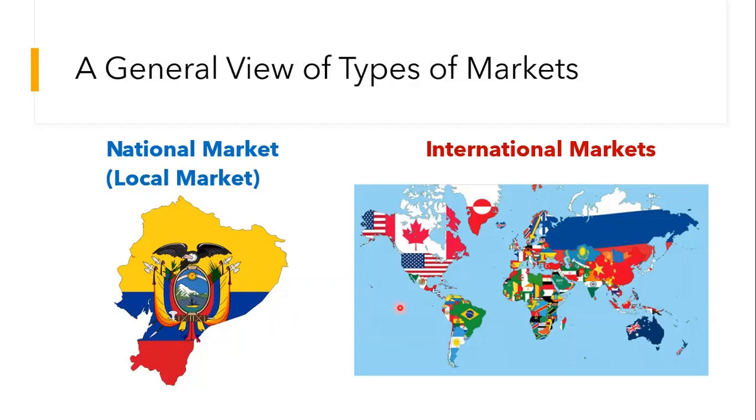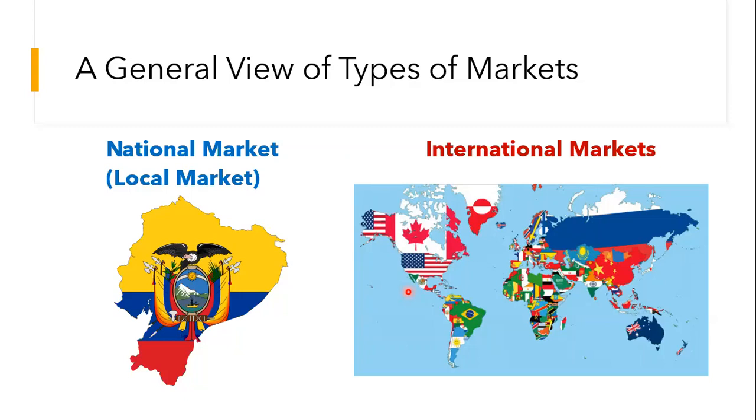Well, if you see in the map, it's pretty easy to identify the biggest countries. So yes, we have business with a lot of countries in the world. It means that yes, Ecuador is selling their products and services in international markets.